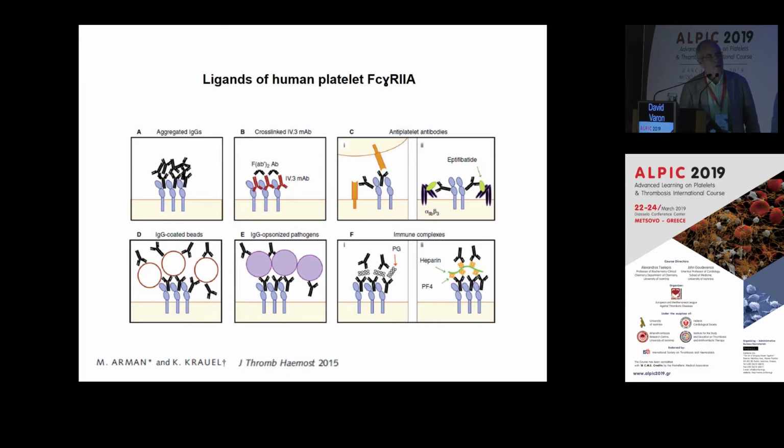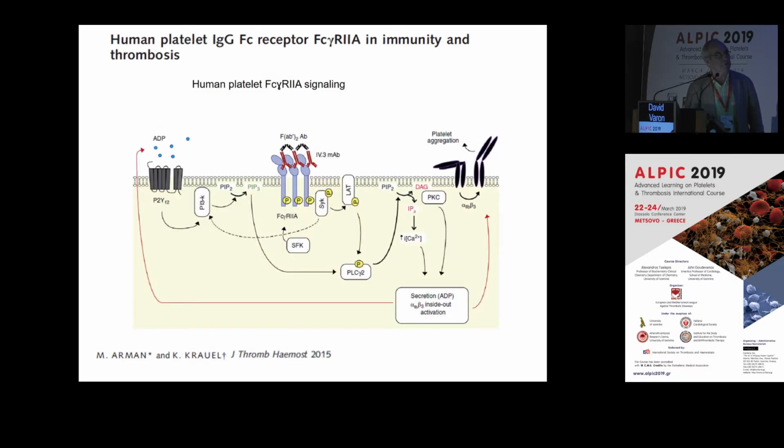And when you have a cluster of this interaction, or just a cluster of IgG, this leads to activation of the cell, clustering of those few Fc gamma receptors induces activation. And this is the way it works.